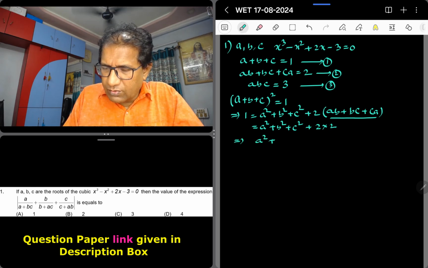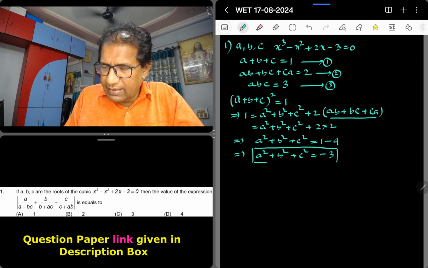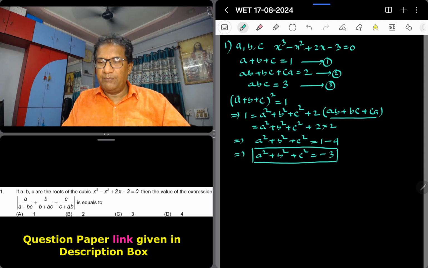So we got A square plus B square plus C square is 1 minus 4, which is actually minus 3. This value will be needed. That is why I have calculated it beforehand.